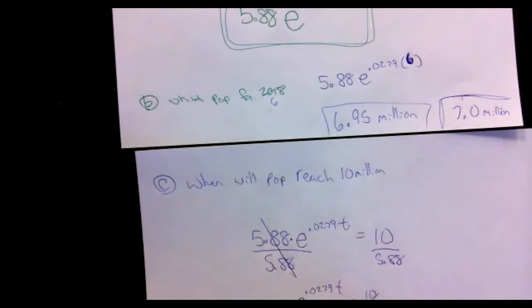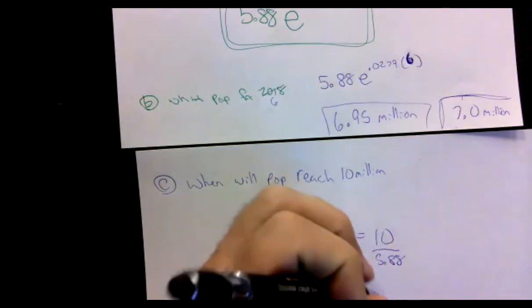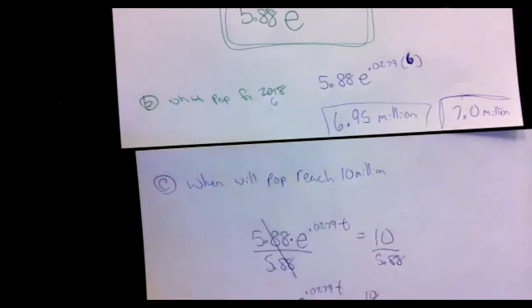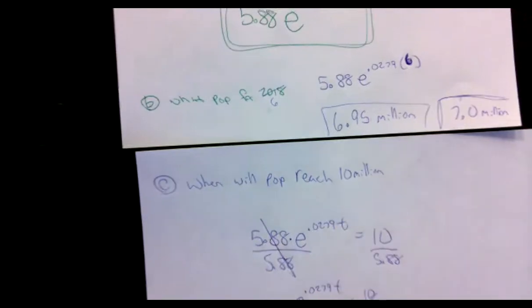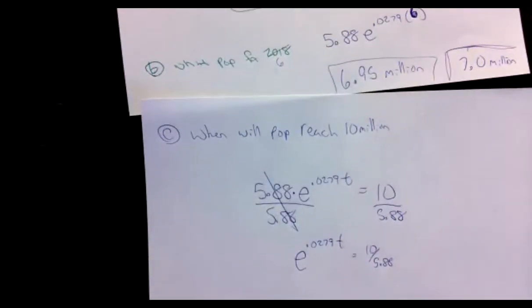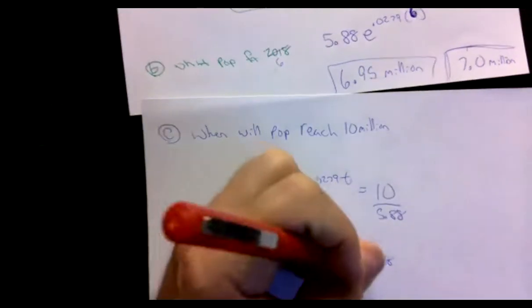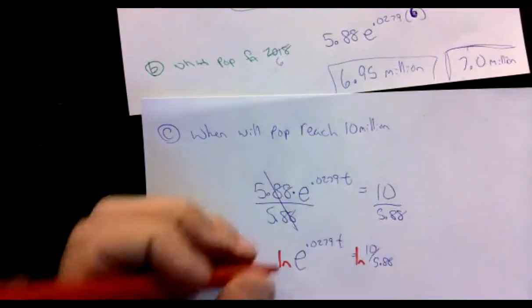Let's just do that. 10 divided by 5.88 is 250/47, or some wacky decimal. Okay, I'll just leave it as 10 divided by 5.88. It's a crazy decimal. I've got it stored in my calculator. We'll walk through that. And then remember, to solve an e function, to get rid of e, we're going to take the natural log.